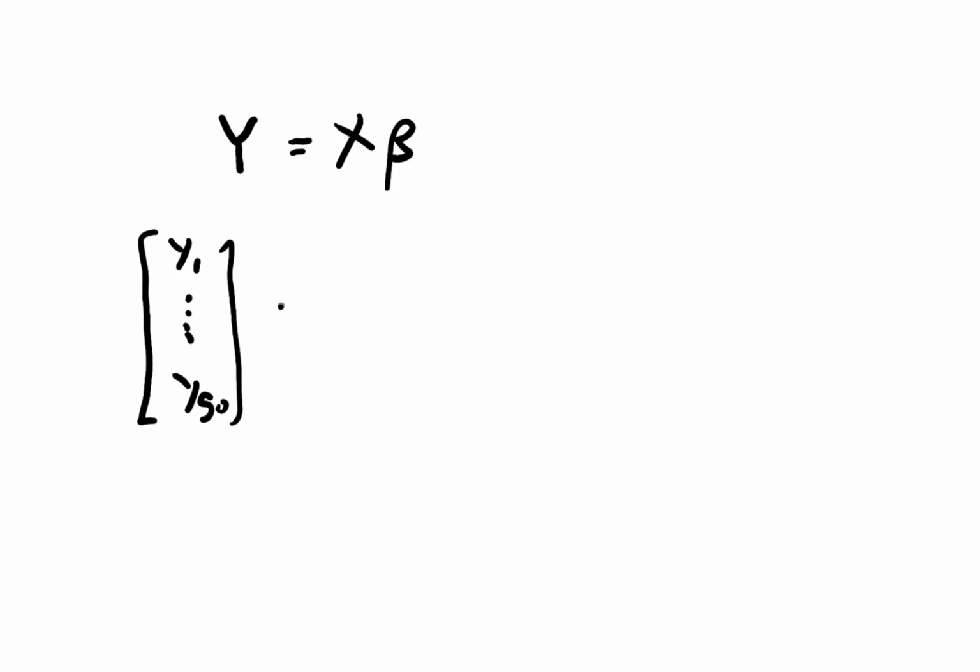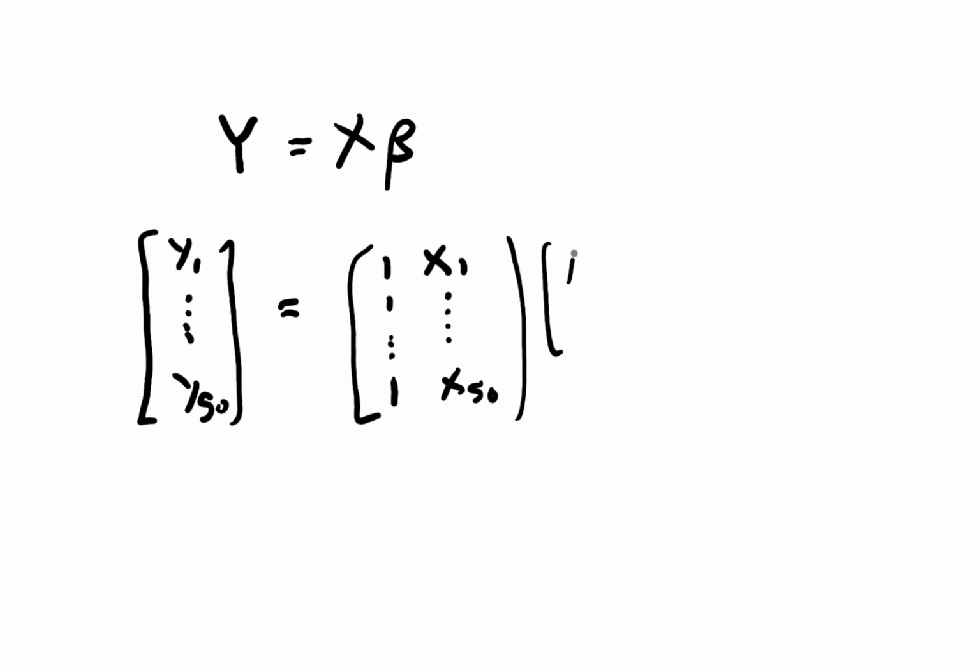Then this is equal to the x matrix, where our first column is always 1s. Since this is a simple linear regression model, we only have one independent variable. So this is x1, and then this goes down to x50, and this is multiplied by beta naught and beta 1. What we're actually solving for is beta naught and beta 1.